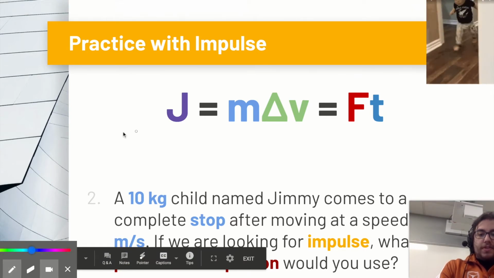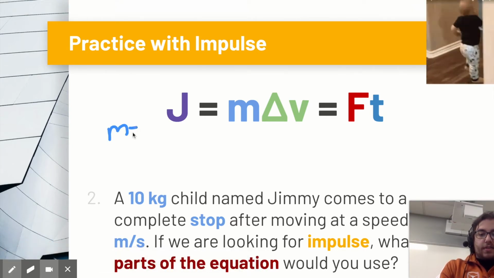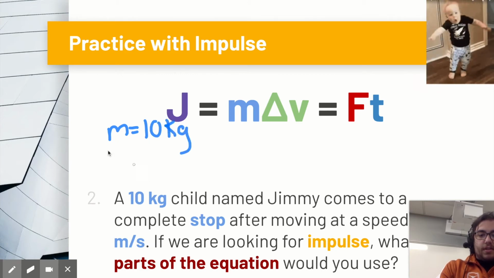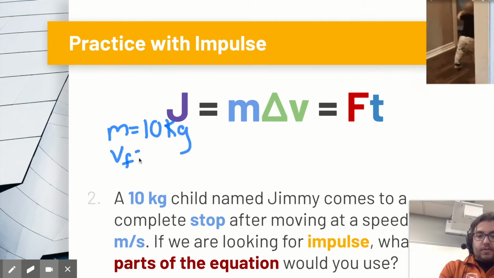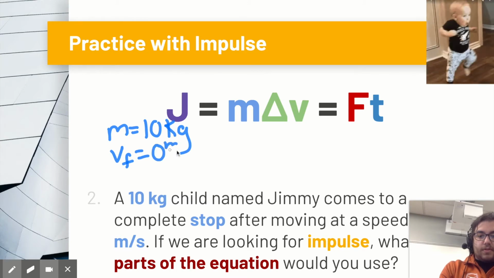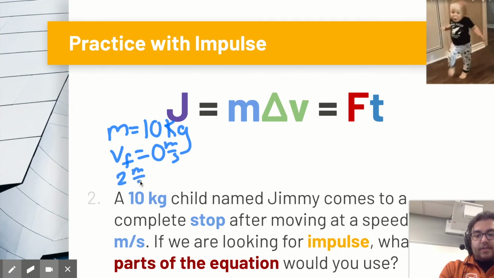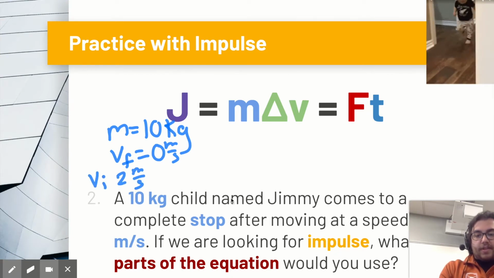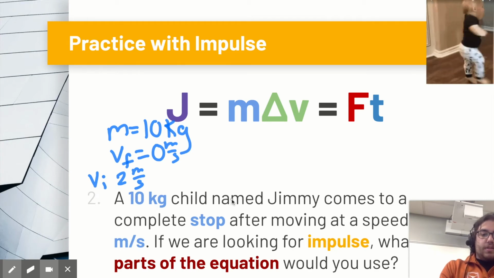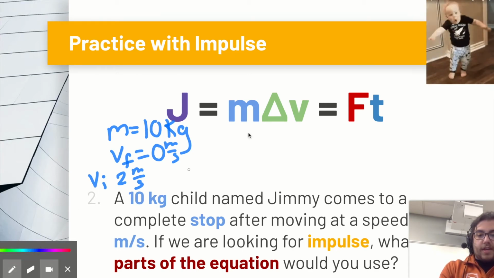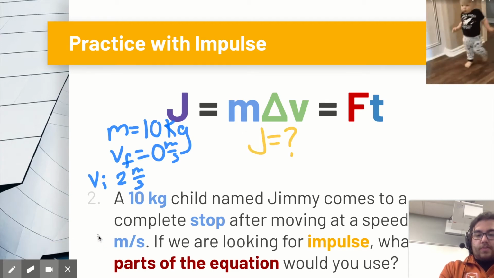So, this time we're given the mass of a 10-kilogram child named Jimmy. He comes to a complete stop, which is 0, after moving at a speed of, this is actually 2 meters per second. So that was our initial velocity. If we are looking for impulse, so again, we're looking for our J, what two parts would we use?